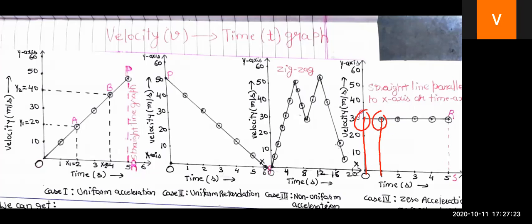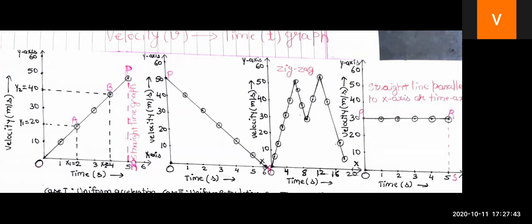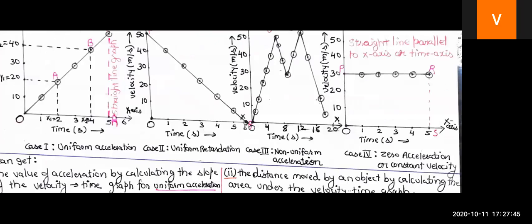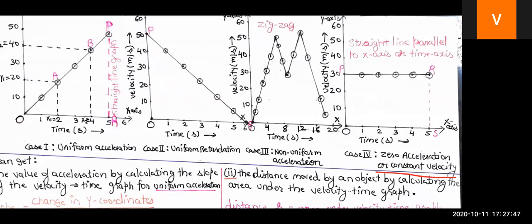Insect was moving on a straight path and its velocity was 30 only. And after one more second, at time t equals 2 seconds, the velocity remained the same. So the velocity is remaining constant throughout. So this shows you the graph for constant velocity, or the graph for zero acceleration.